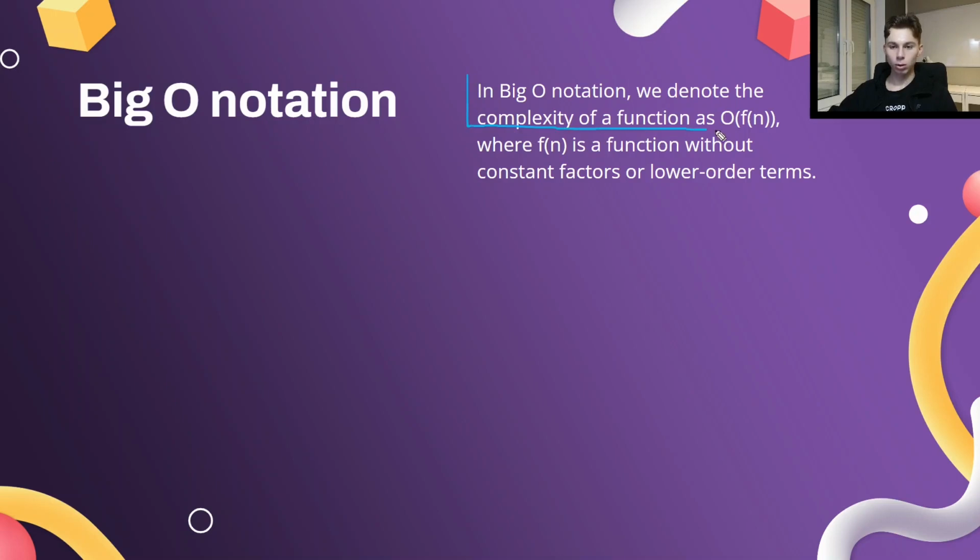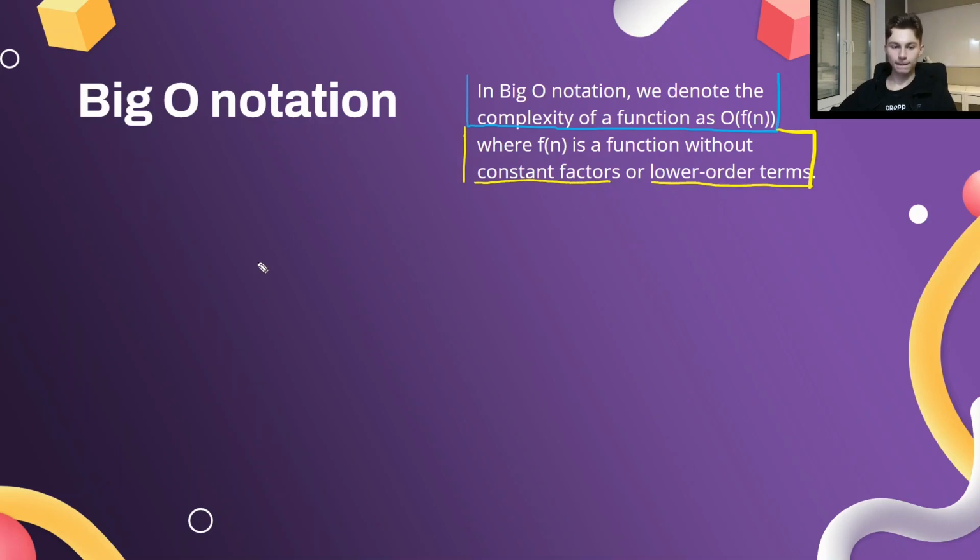This we all know because I explained it to you in the previous section. Now we need to debunk this part of the question. Let's see. Where f of n is a function without constant factors or lower order terms.